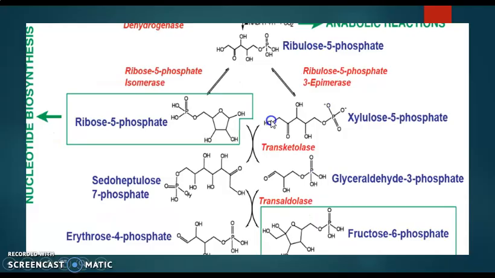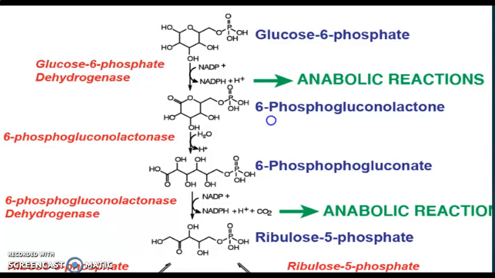Next step is 6-phosphogluconolactone, which can be converted to 6-phosphogluconate with the help of the enzyme 6-phosphogluconolactonase. This is the enzyme converting 6-phosphogluconolactone to 6-phosphogluconate. And this 6-phosphogluconate, which may be converted to what?